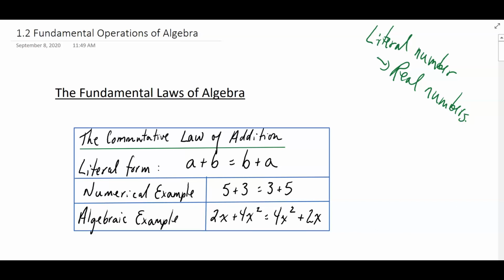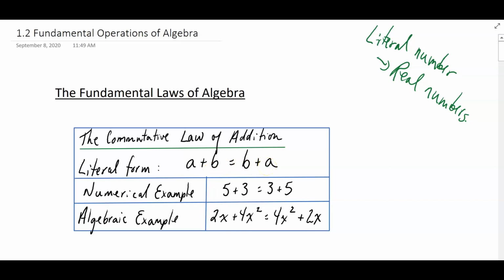Any real numbers. And so the first fundamental law of algebra that we will take a look at is the commutative law of addition. What this tells us is that we can add numbers in any order and we still get the same result. The literal form of the equation tells us that a plus b is equal to b plus a.